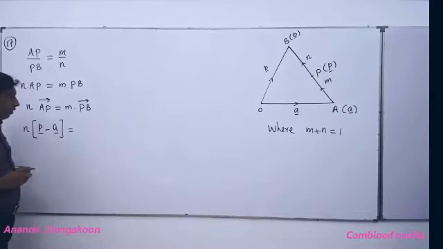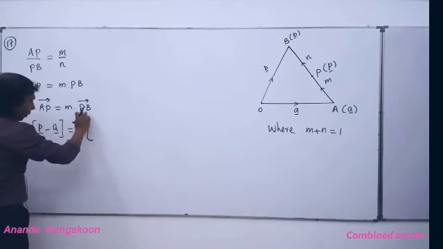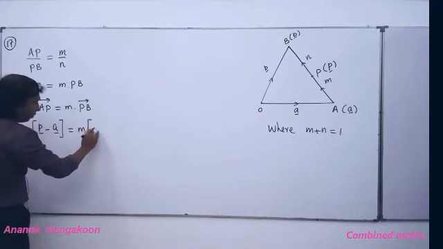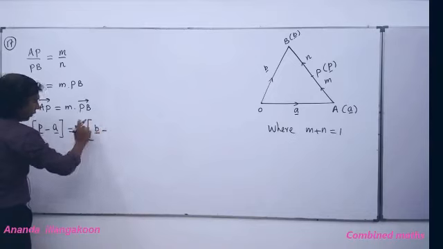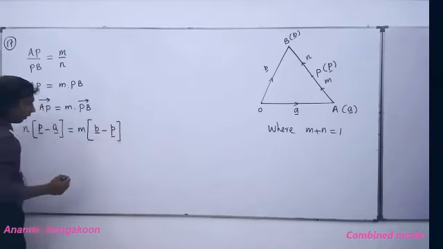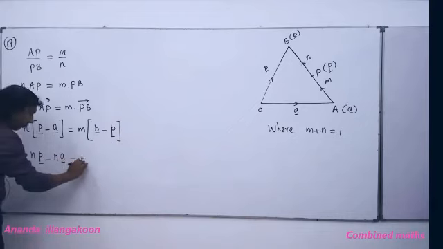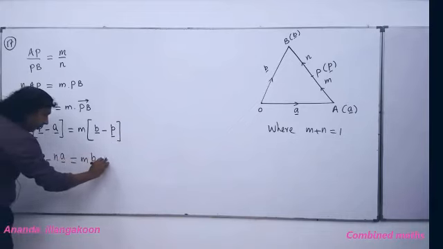And M times PB means simple B minus simple P. Now remove the bracket: N times P minus N times A is equal to M times B minus M times P.